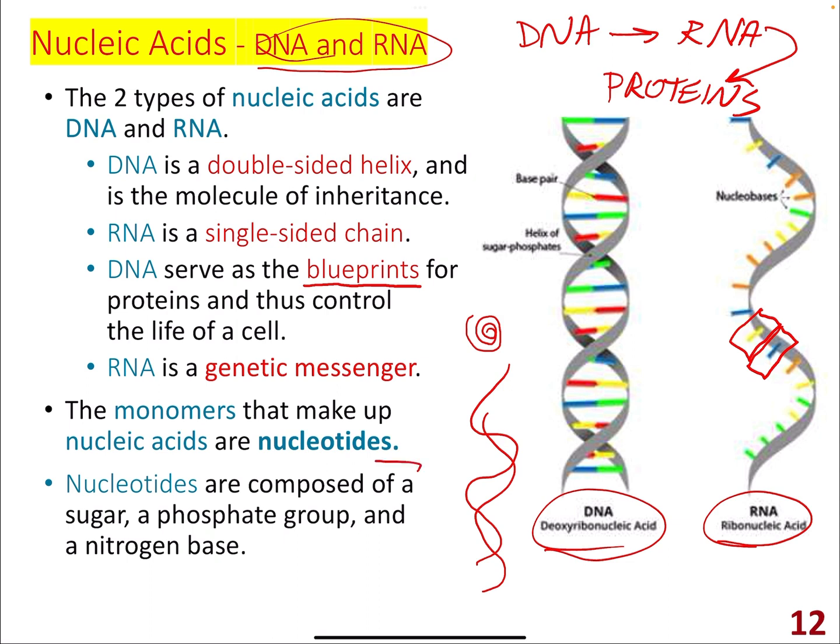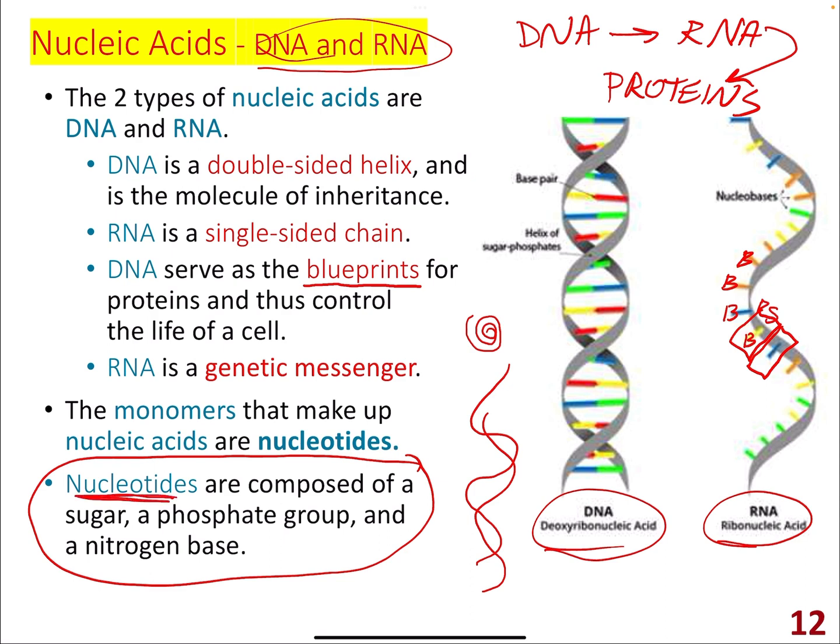So you're not going to be tested on the three parts of a nucleotide right now. It's got a sugar and a phosphate right there, and these yellow things are called bases. It's pretty simple, three pieces to its nucleotide. Just understand that the building block, it's a monomer, and it's called a nucleotide. String a bunch of nucleotides together, and what do you get? You get a nucleic acid.